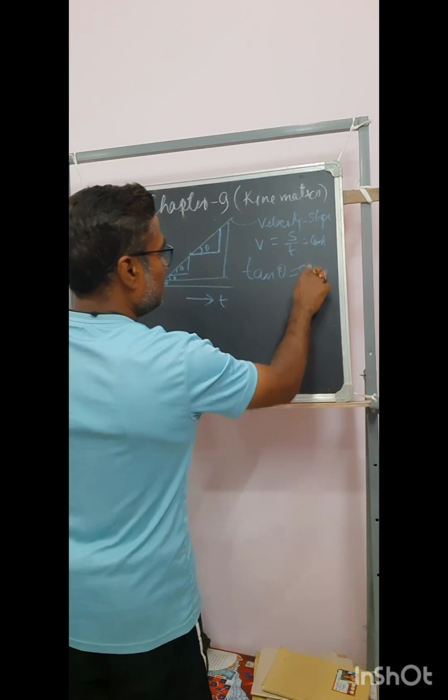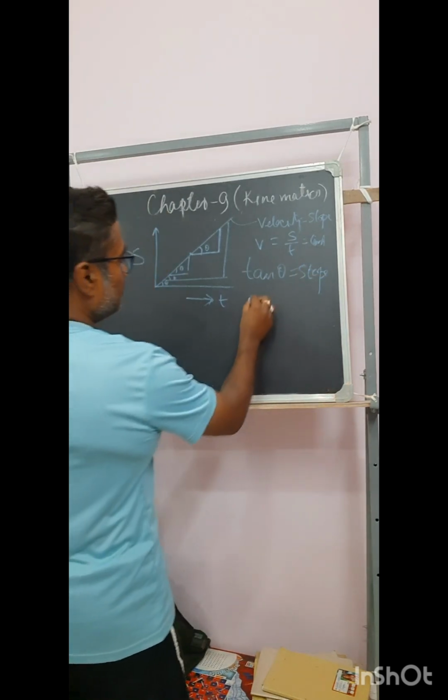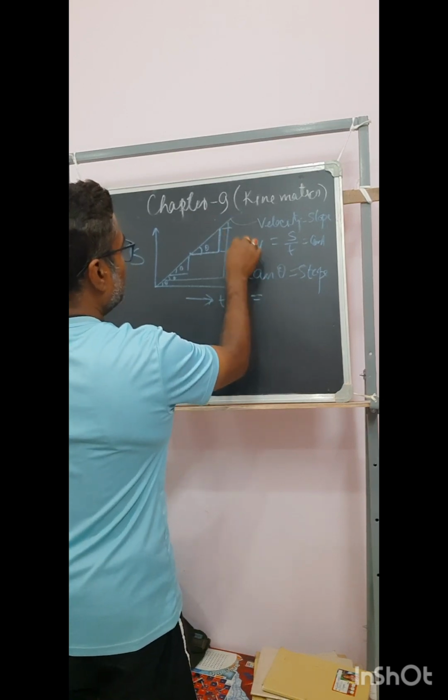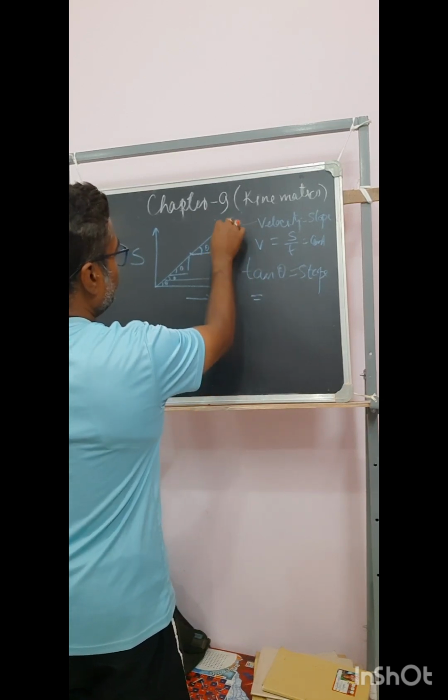for any straight line, and the slope we calculate with the vertical part, if it is a triangle formed between any span.